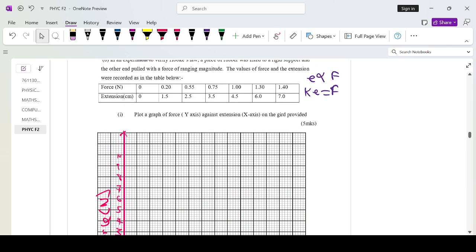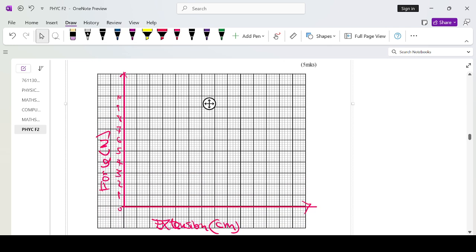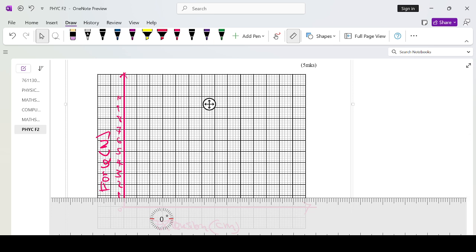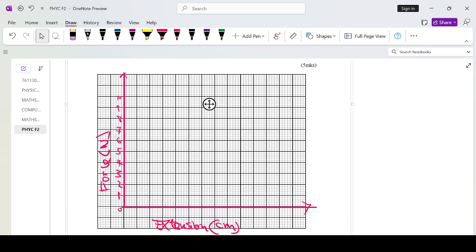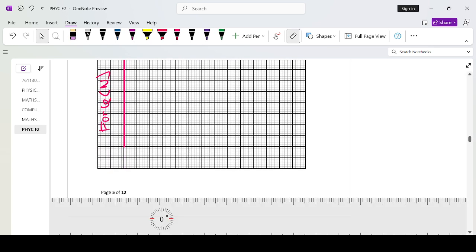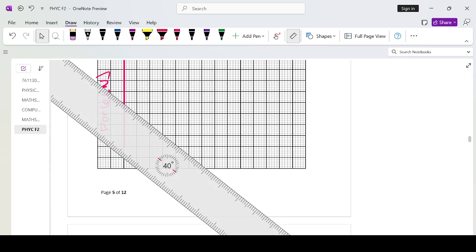If it does not fit, what will I do? Just a moment, let me make sure that it's fitting. It's fitting. So that means I have to stretch this line.